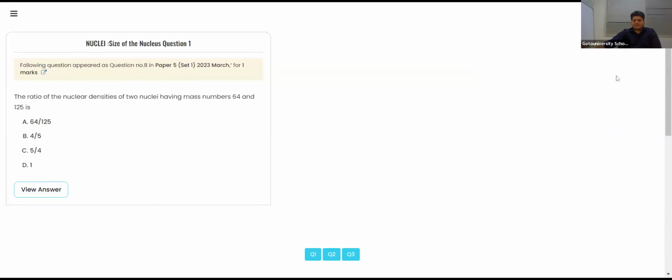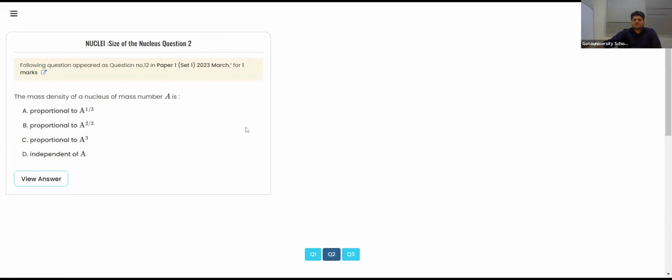Yes. Next, what? The mass density of nucleus of mass number A is how much? The options are proportional to A raised to 1 upon 3, proportional to A raised to 2 upon 3, proportional to A cube, or independent of A. Mass density.